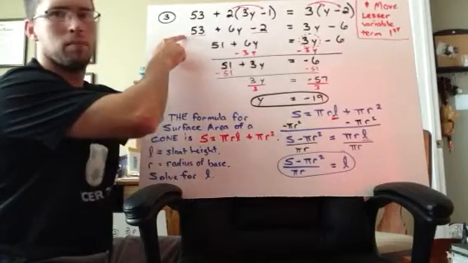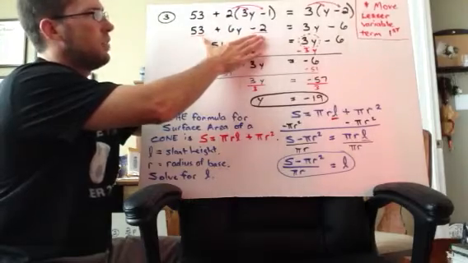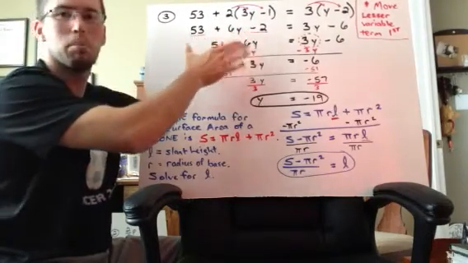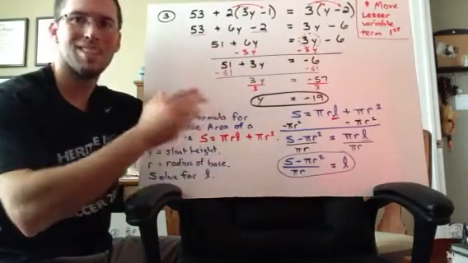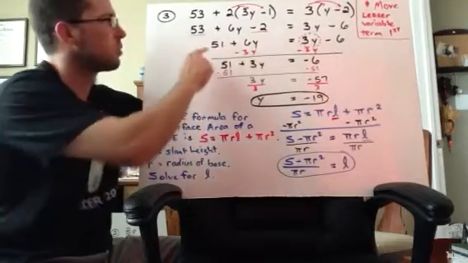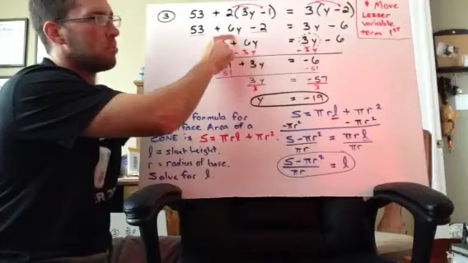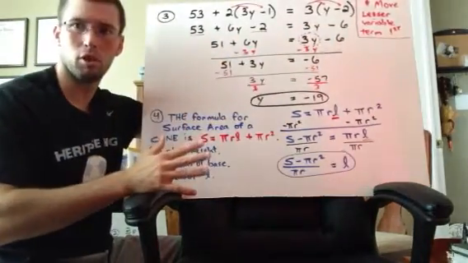So on the second line, I have underlined on the left side the 53 and the negative 2, because I'm still simplifying both sides of the equation. So if you think back to your stairway to solving, simplify each side first. That's what we're going to do. 53 minus 2 is 51. My 6y has nobody to combine with, and 3y and negative 6 are totally separate terms.